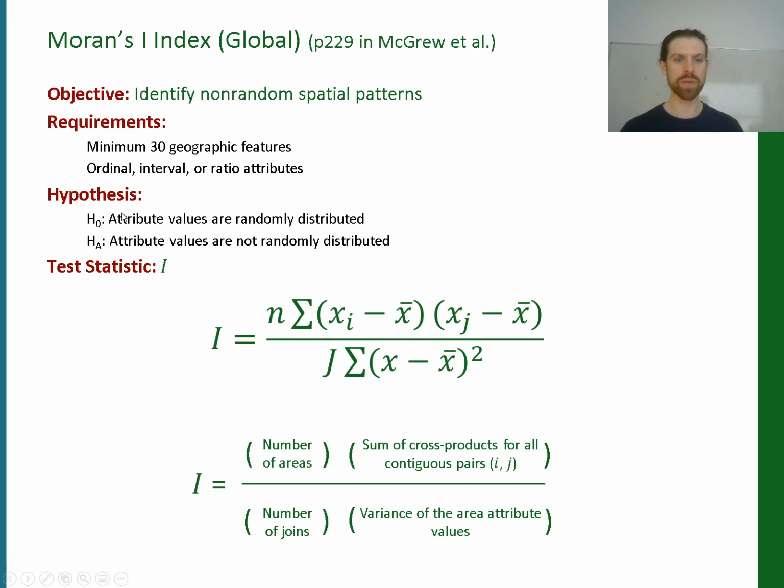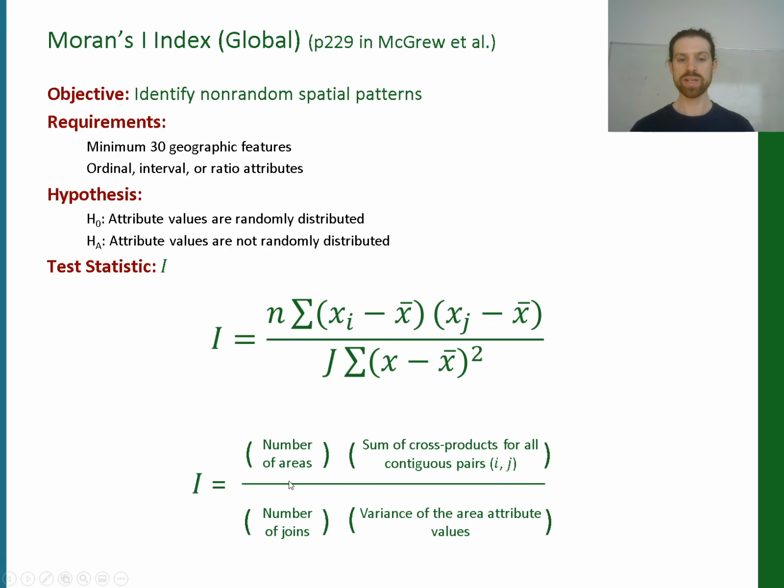For the null hypothesis, the attribute values are essentially randomly distributed. So that's our business as usual, standard approach to this. Whereas for the alternative hypothesis, we're essentially saying that these values are not randomly distributed, okay? We're looking for Moran's I as the test statistic, and the way to do that is basically to run through this equation here.